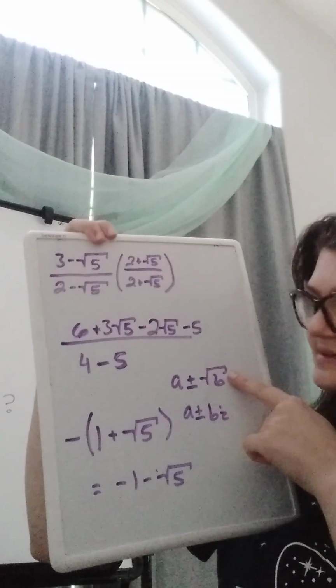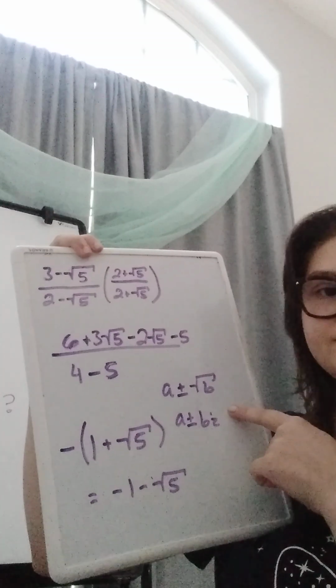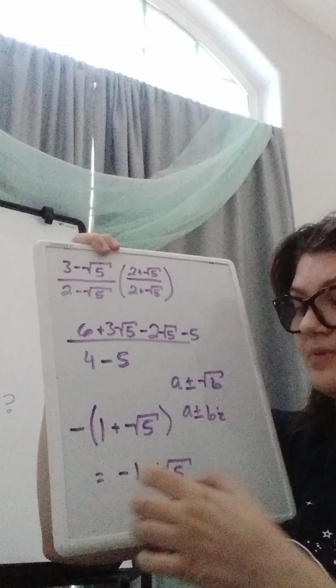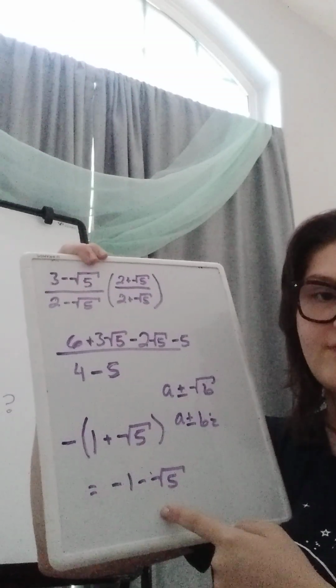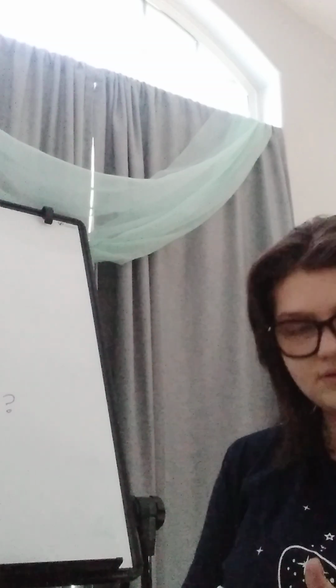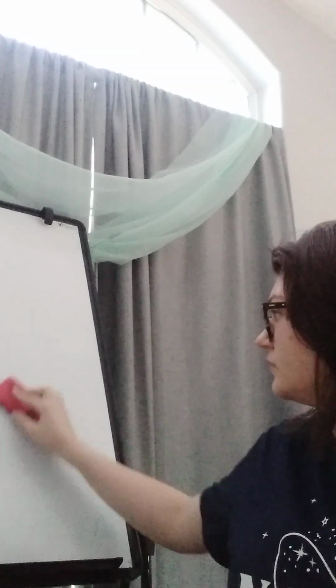These two, that's how you want to write them. So I'd get used to writing them that way, so that's why I'm going to keep negative 1 minus the square root of 5, which is our answer to that question there.